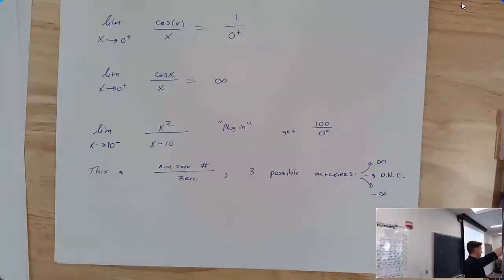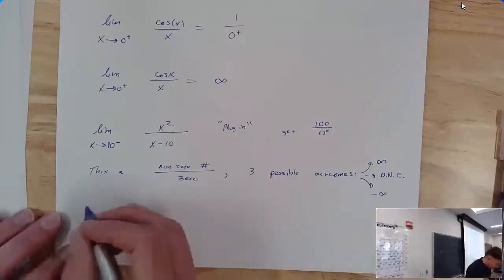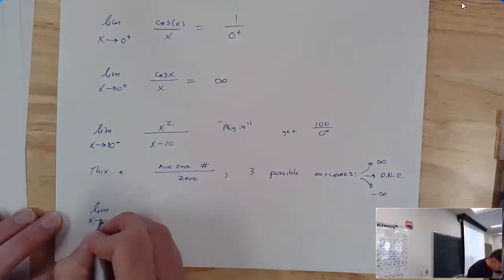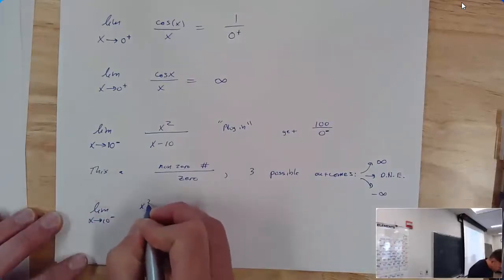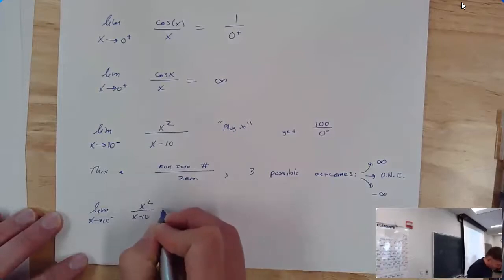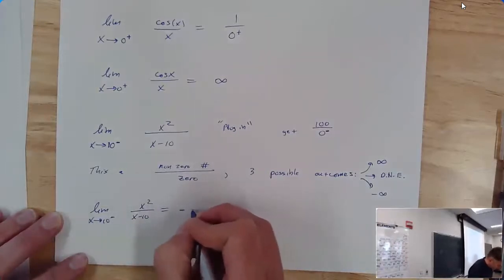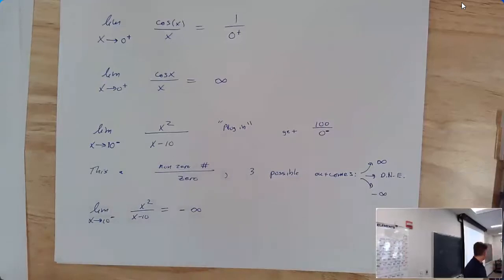So a positive number divided by a negative number is negative. So this limit, as x approaches 10 from the left of x squared over x minus 10, is going to be negative infinity. Because it's 100 divided by something that's getting super duper small, so the fraction is getting super big.